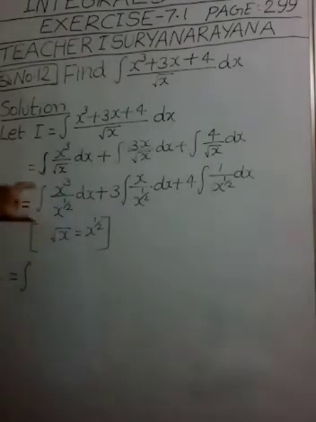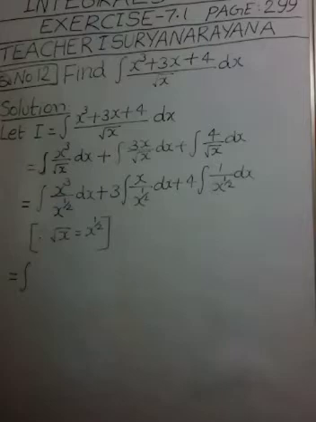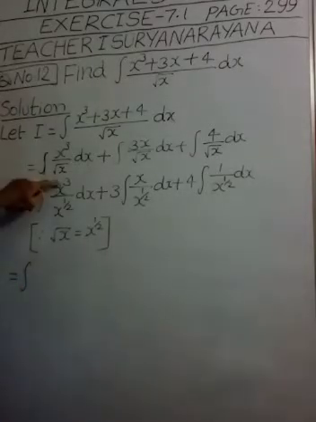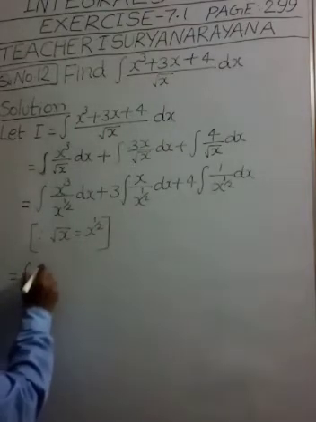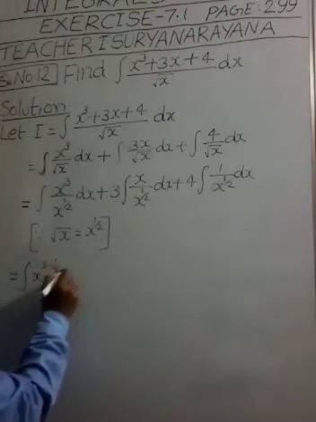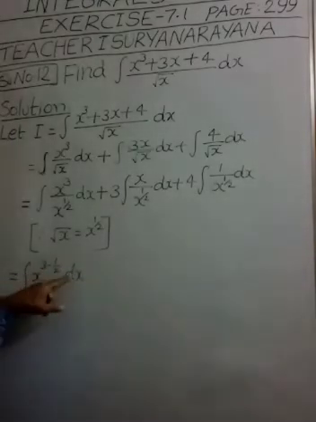If you observe this function carefully, it is in the form of a power m by a power n, isn't it, my children? So we use the law of exponents, where a is equal to x, m is equal to 3 and n is equal to 1 by 2. So x power a power m minus n dx. Understood this first term, my children?